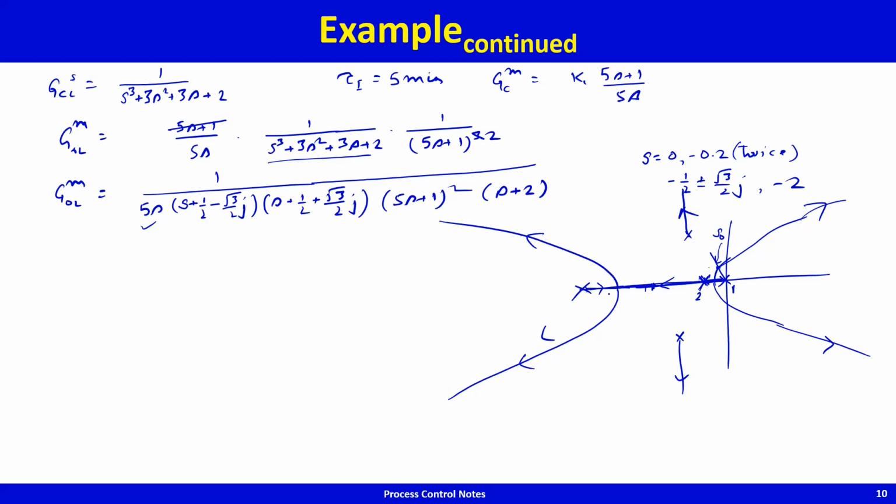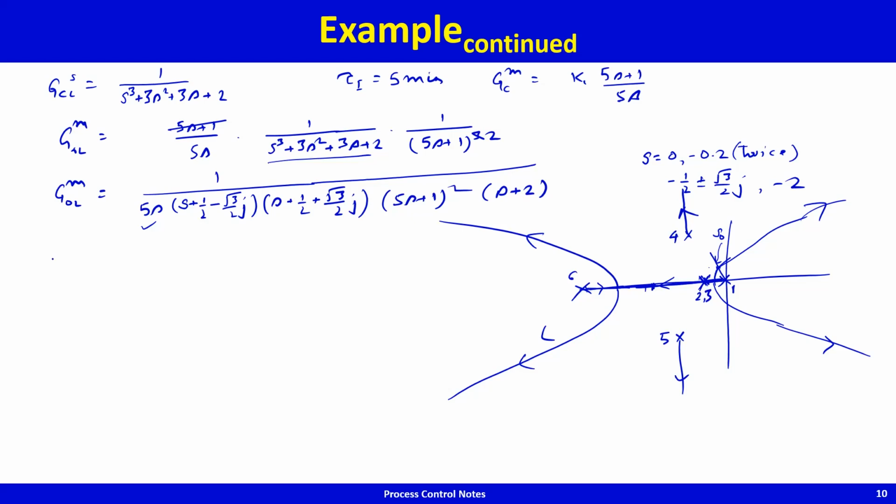Doesn't matter. It still looks okay as far as the dominant branch is concerned. So we've got 2 and 3 poles here, 4 and 5 poles here, and the 6th pole here. What is the angle? We'll call these angles phi.